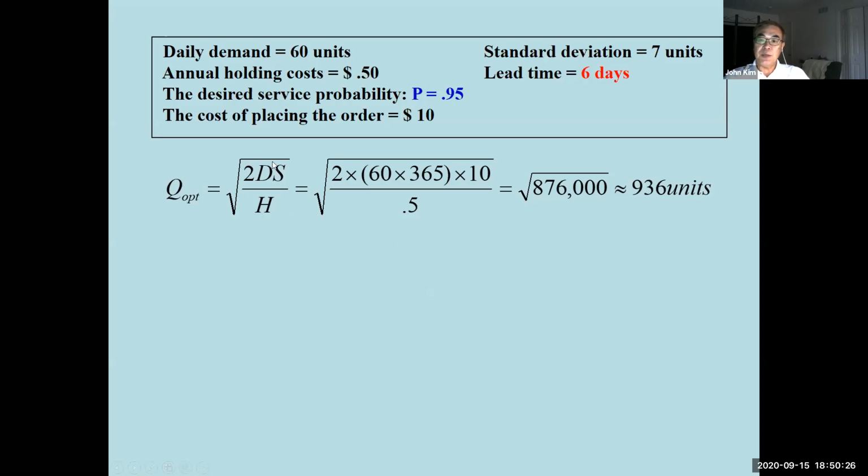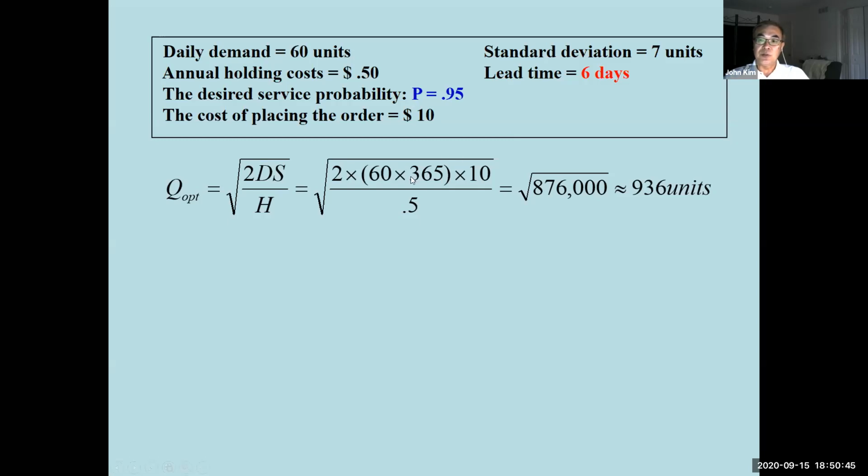So using the same formula: 2 times daily demand, because this is annual demand, daily demand times 365, because this example doesn't mention how many days.